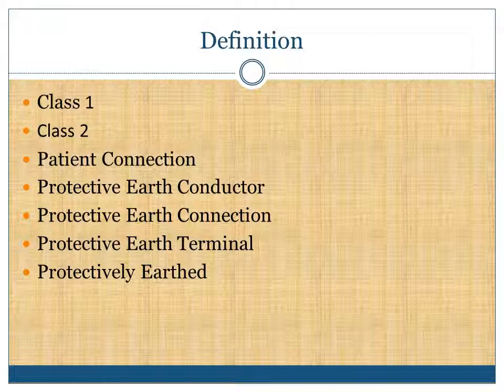Protective earth terminal is the terminal connected to conductive parts of Class 1 equipment for safety purposes. This terminal is intended to be connected to an external protective earthing system by a protective earth conductor. Protectively earthed means connected to the protective earth terminal for protective purposes.